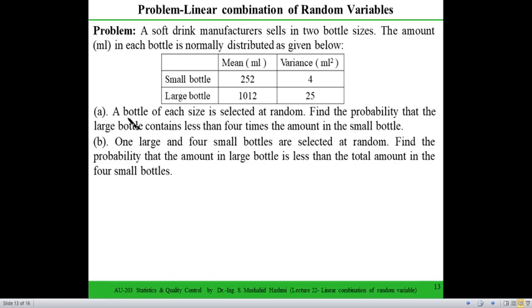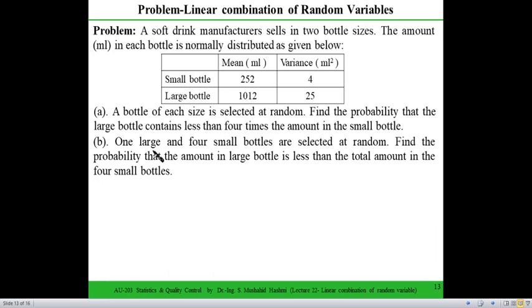So we need to understand this wording. A bottle of each size is selected at random, and we need to find the probability that the large bottle contains less than 4 times the amount in the small bottle. So each small bottle is 252 ml. So you're picking small bottles, and whether the volume in the large bottle is less than 4 times that is something you have to work out.